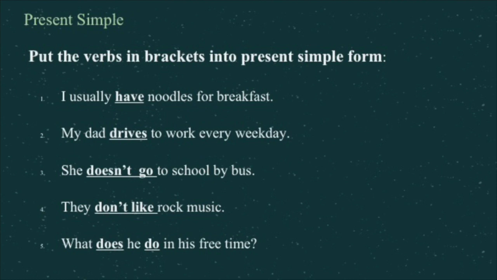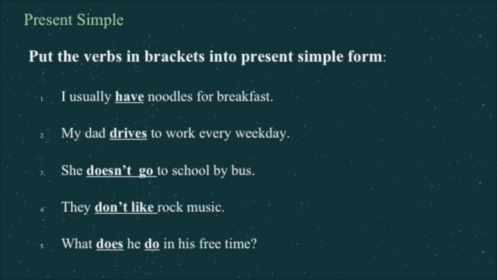Now you can see the answers. Number 1, because the subject is I, we use the verb pair of have, that is have. Number 2, because the subject is my dad, that is one person, we need to add s to the verb drive. Number 3, that is a negative sentence and the subject is she, so we will use doesn't plus verb pair, so we write doesn't go.